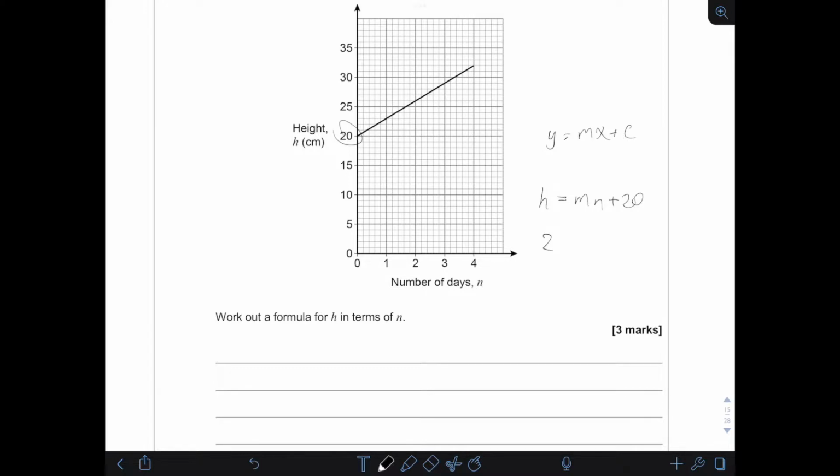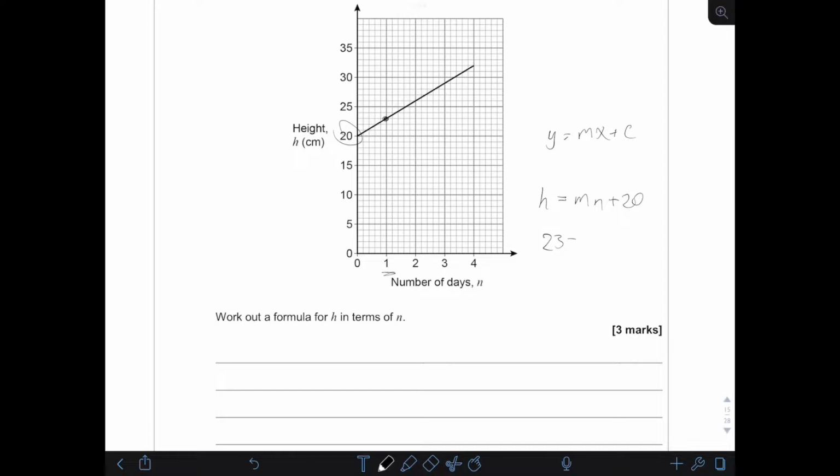Let's take n equals 1, because that gives us a variable to work with. So at this point in time, this is 23.